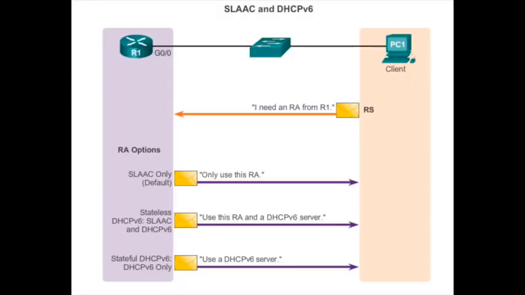There are three options that a client receives from using these services, as shown in the picture. However, it is important and recommended that all IPv6 devices perform duplicate address detection on any unicast address, including the ones that are used with DHCP or SLAAC.